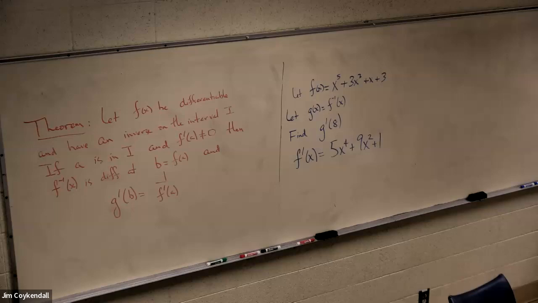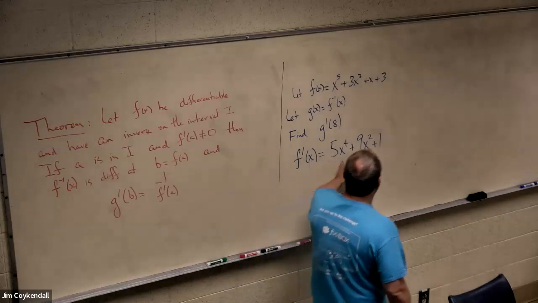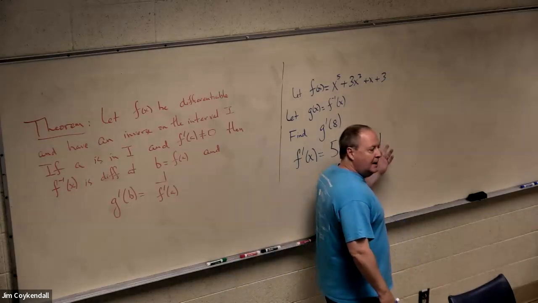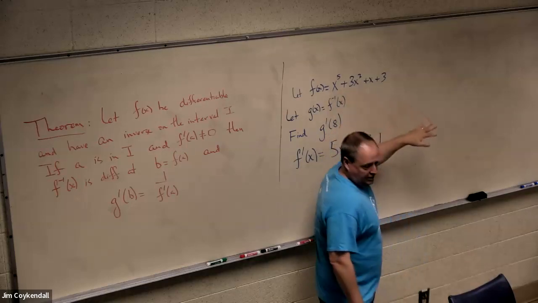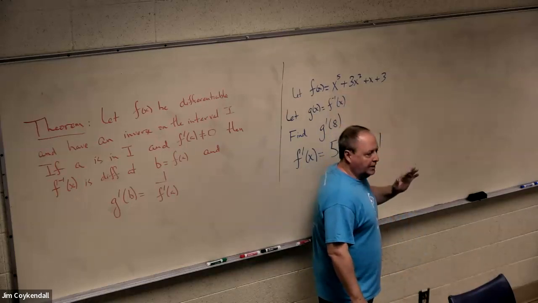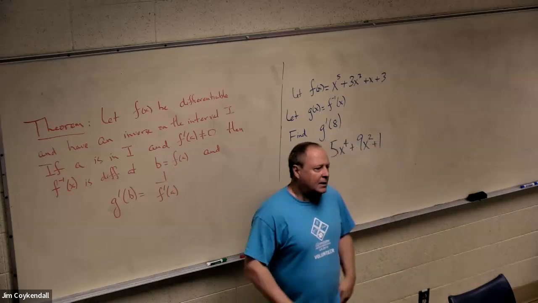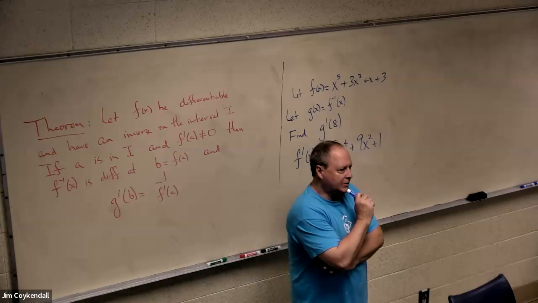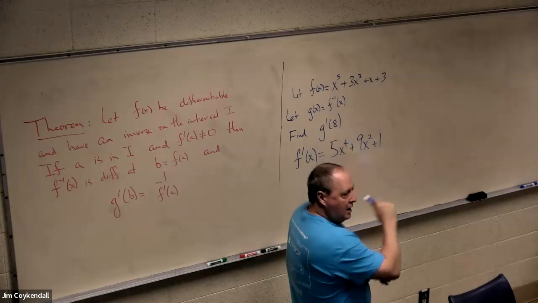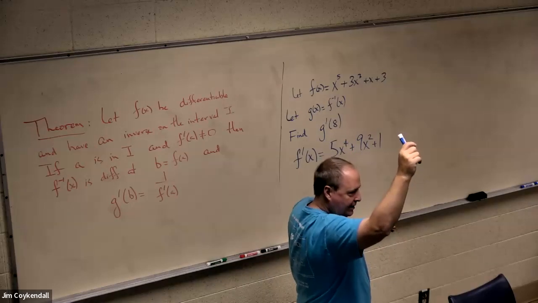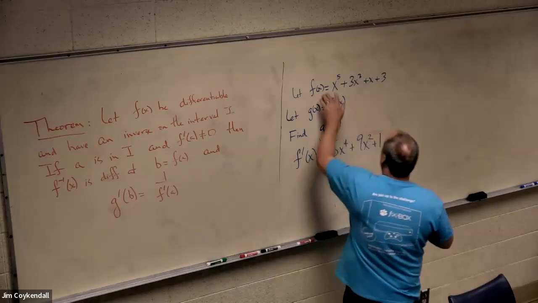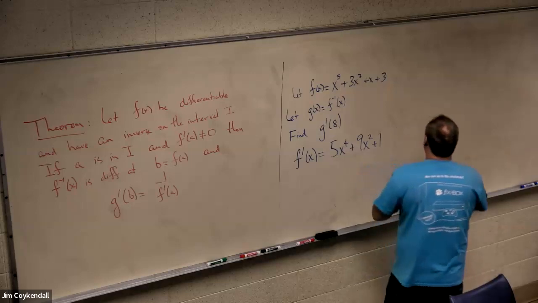Right, because these are all even powers, so however I draw this function, the slopes of the tangents are always going to be at least 1, perhaps a lot bigger. Can somebody tell me what that means about this function? It is going up, right? Everybody agree with that?